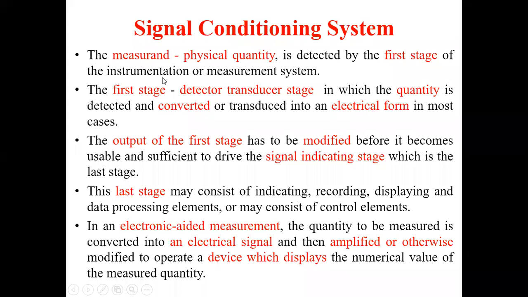Therefore, in overall measurement, especially in electronic aided measurement, the quantity is converted into an electric signal and then it is amplified. Sometimes there is no need for amplifying, so it is just modified, in order to operate the display devices.